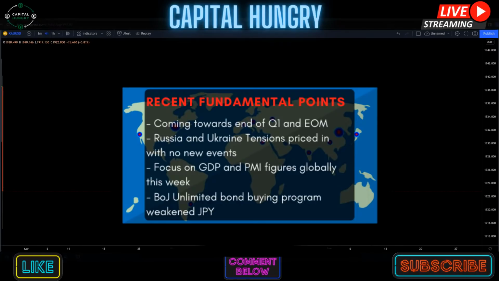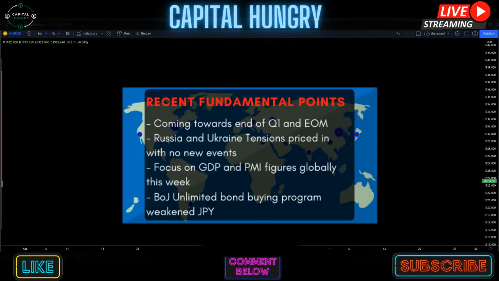The focus this week in terms of economic data is on GDP and PMI figures globally from different countries. More importantly, I'm looking at US GDP this week. And for those of you wondering why we had that huge upside move, almost 300 pips on GBPJPY overnight, that was due to the Bank of Japan providing further stimulus for their economy through their unlimited bond buying program at specific fixed prices, which of course devalues the currency in the short term.